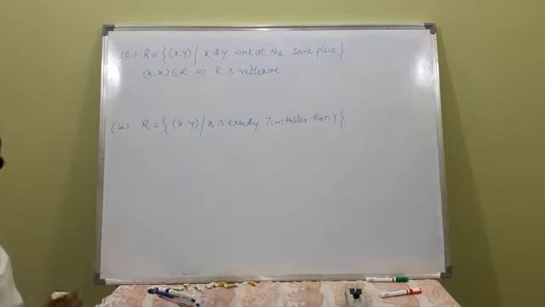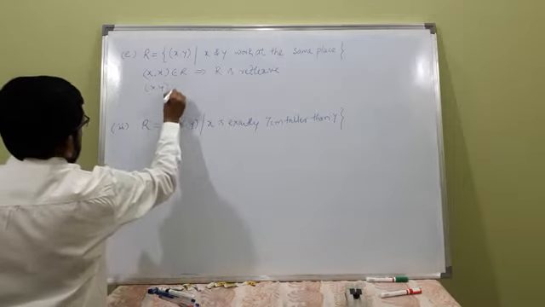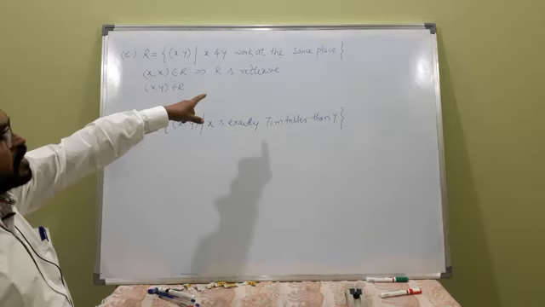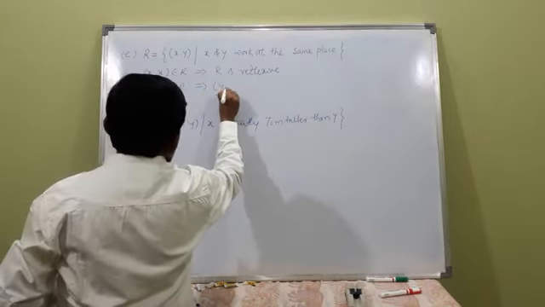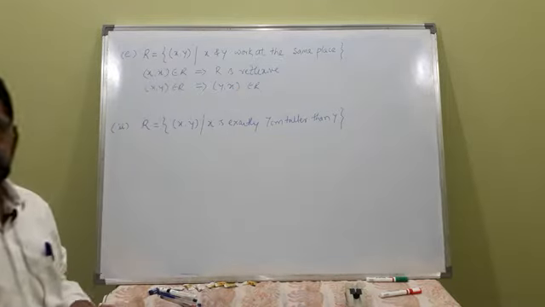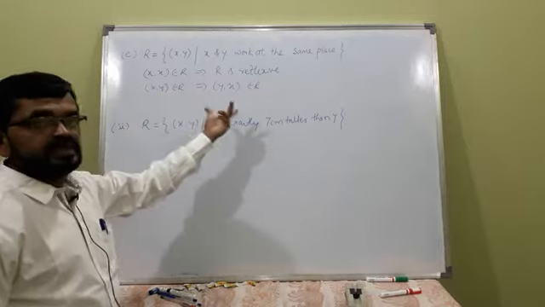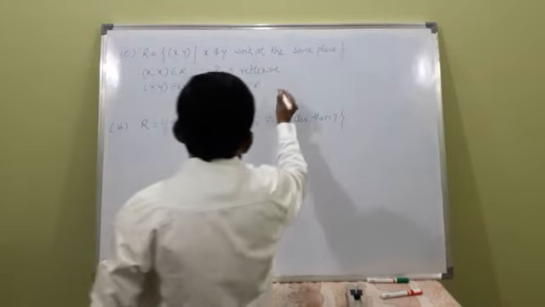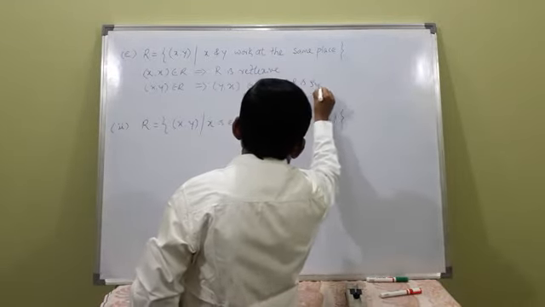Okay. (x, y) belongs to R means x and y work at the same place, implies (y, x) belongs to R. If the two persons work in the same place, it is so whatever may be the order. So, R is symmetric.